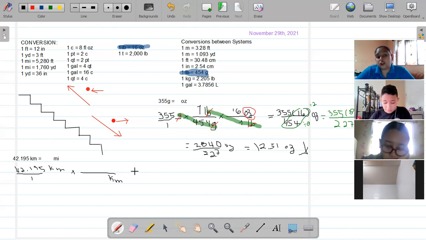Okay, let's find a conversion that goes between kilometers and miles. Do we have one between kilometers and miles? So we have meters to feet, meters to yards, feet to centimeters, inches to centimeters. So no, we don't have one that goes from kilometers to miles.